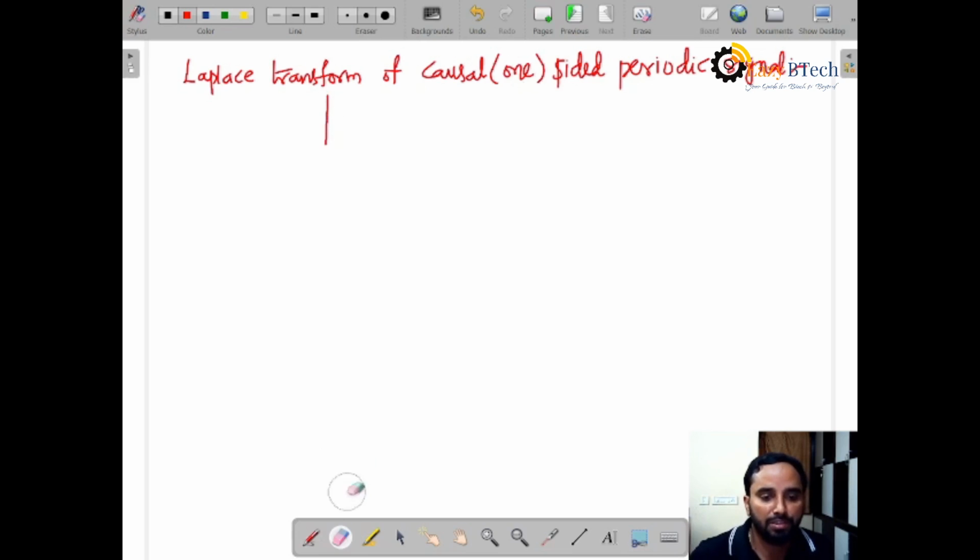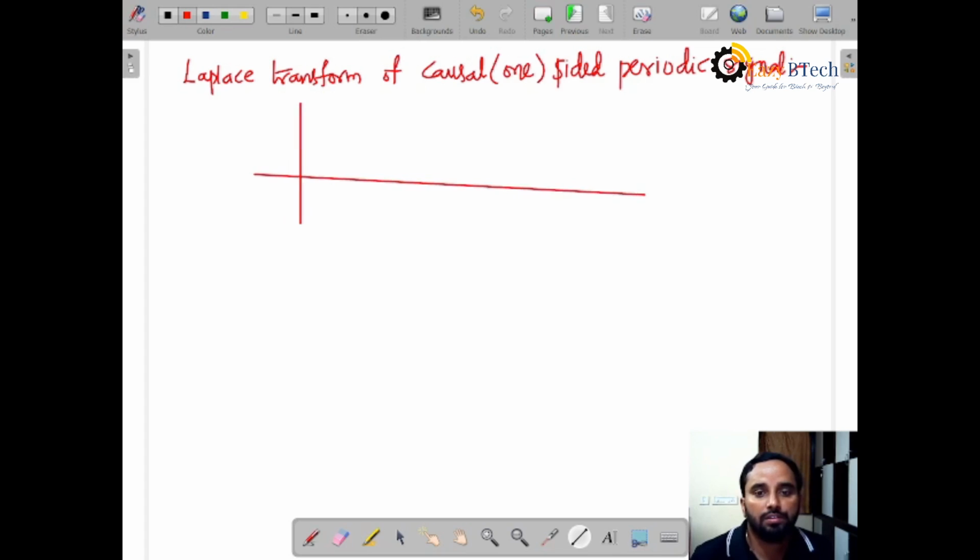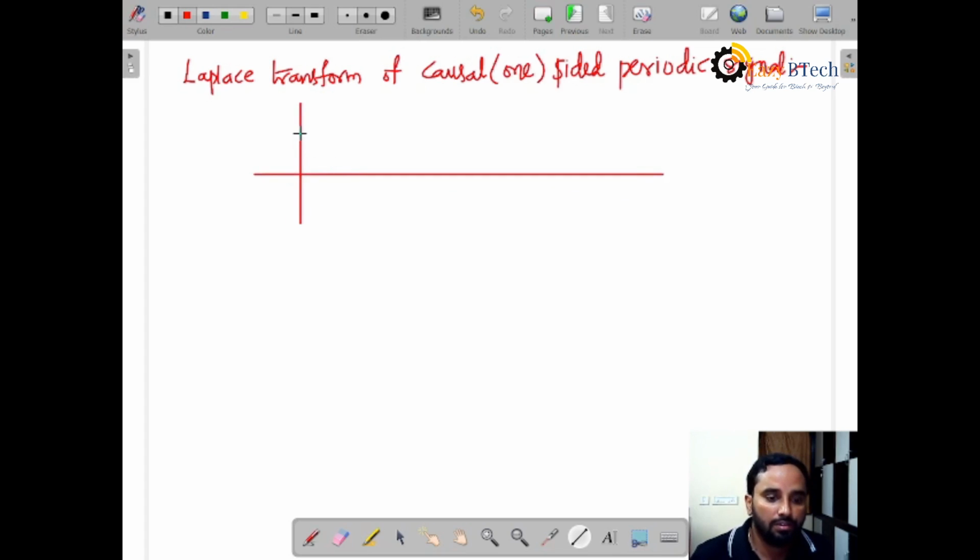So I am taking a one-sided periodic signal. Only on the right side the signal is repeating, and so on, like it is repeating up to infinity.